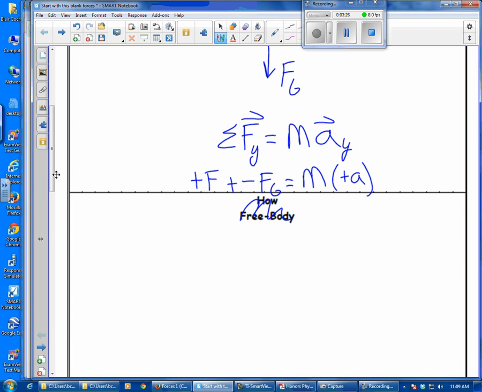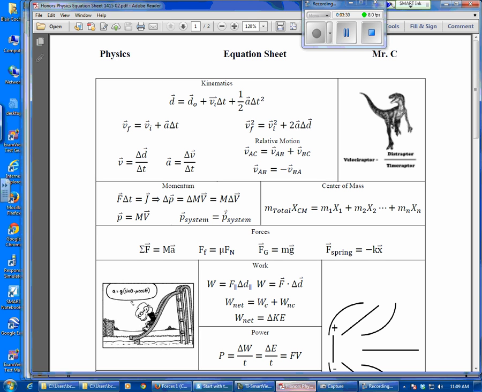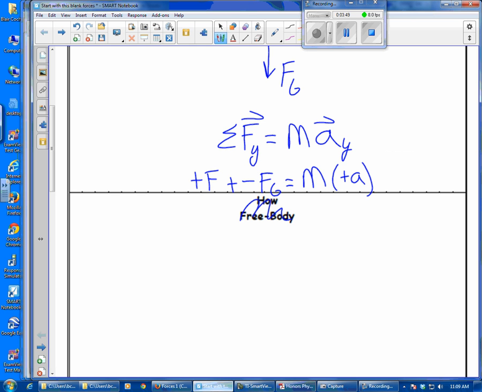If I look at my equation sheet, I have the honors one up, but I notice I have the identity that the weight, which is the force due to gravity, is the inertial mass times gravitational field, mg. So I'm going to replace that in here.